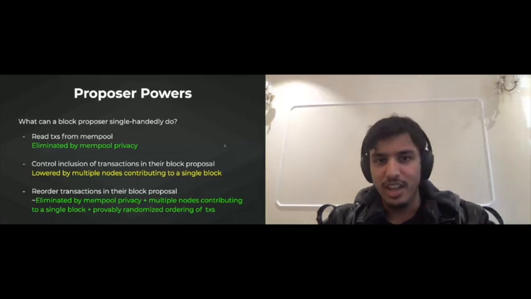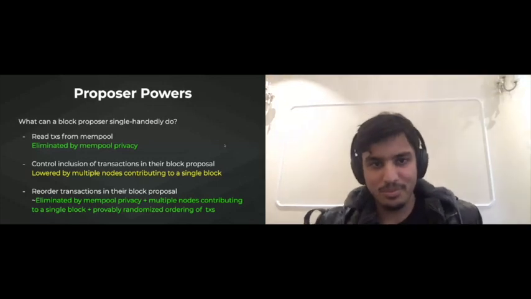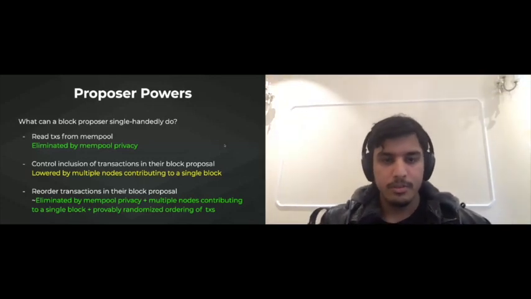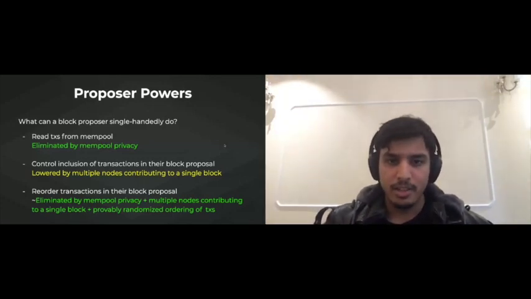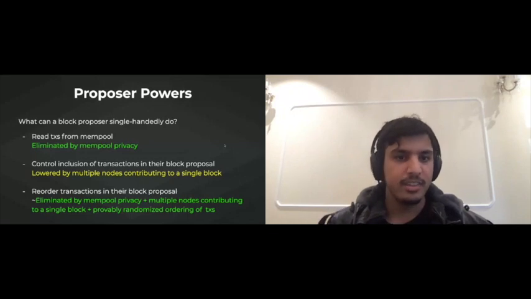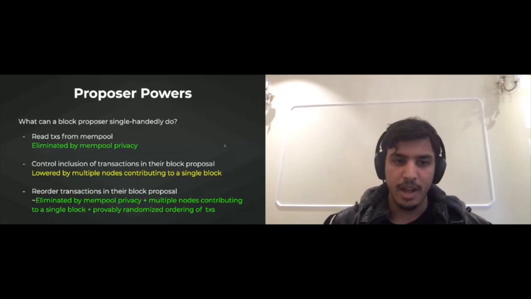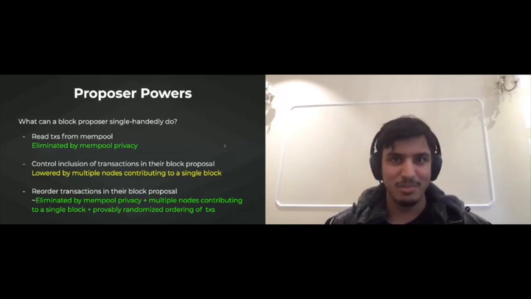Then you execute using this new reordered version. So basically, if we have mempool privacy, we can use these generic techniques in the proof of stake setting to eliminate these other powers, or significantly lower their concern. Hence, this is why mempool privacy is an important thing to be going for.